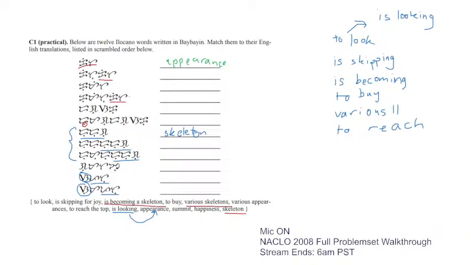Is skeleton related to the word appearance? Hey, this is kind of similar actually to this one. I'll box it. Yeah, this is kind of similar to this. And we still don't know what order it's in.